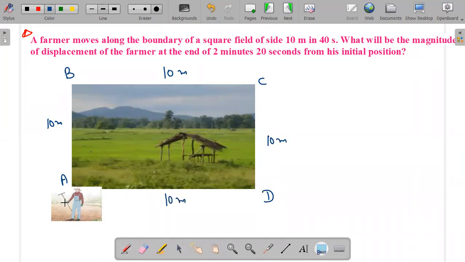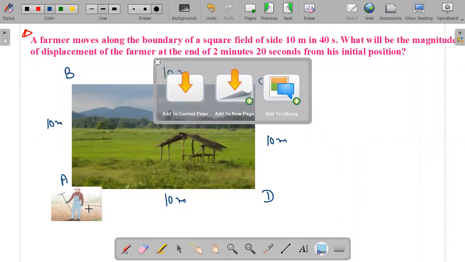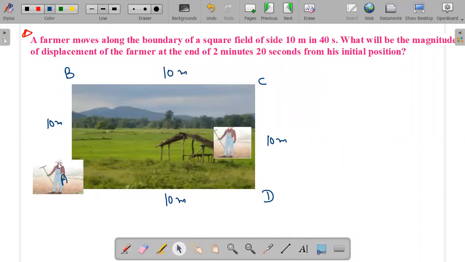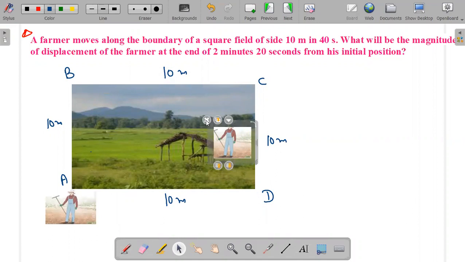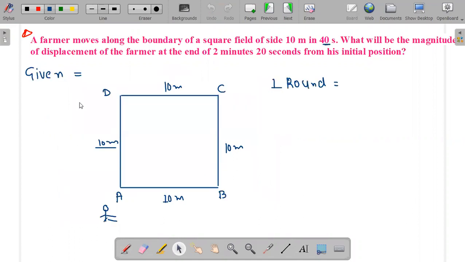This farmer moves from A to B, then from B to C, then from C to D, and then again from D to A. So it moves in such manner. You can move in any way. So it is moving like this.